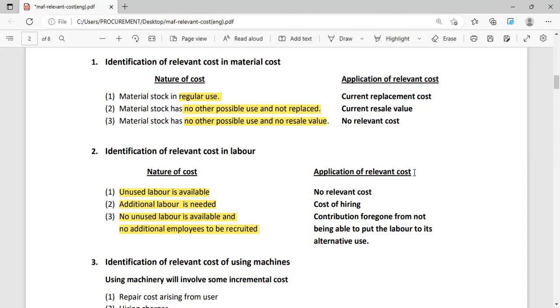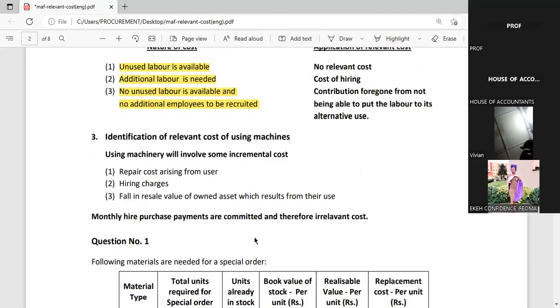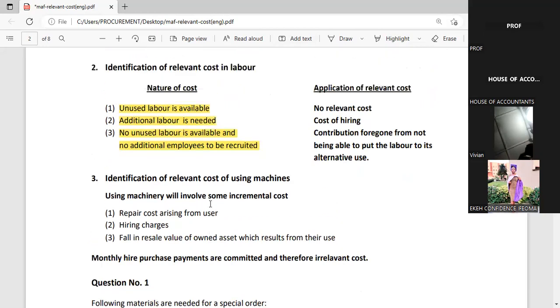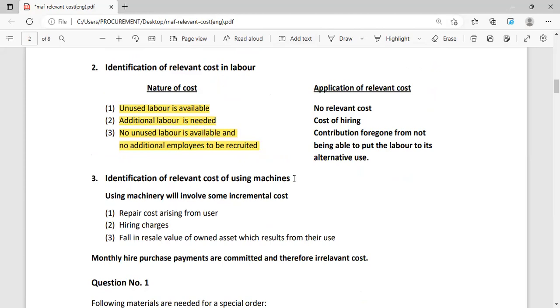Then application of relevant cost: the cost of hiring, and the contribution forgone from not being able to put the labor to its alternative use. Then, before we go to the question, identification of relevant costs of using machines. Using machinery will involve some incremental cost as well, such as repair costs arising from the use of that project.